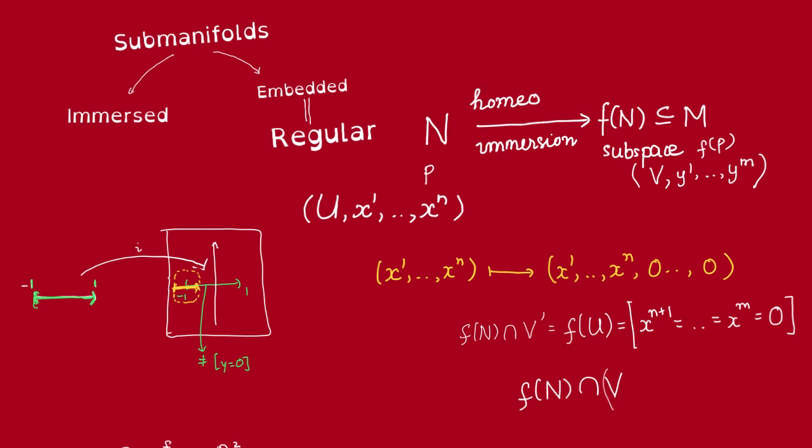Then if we just shrink V to V intersect V prime, then we actually get F(U). So on the coordinate neighborhood V intersect V prime, F(N) is going to be cut out by these coordinate functions, and this shows that an embedded submanifold must be regular. So we can think of these two concepts interchangeably.